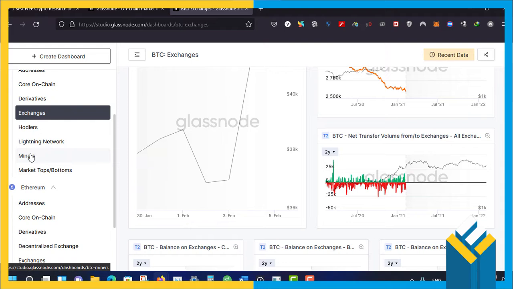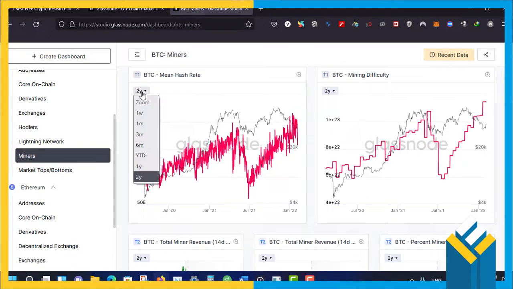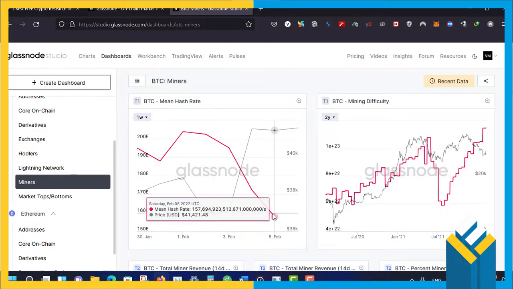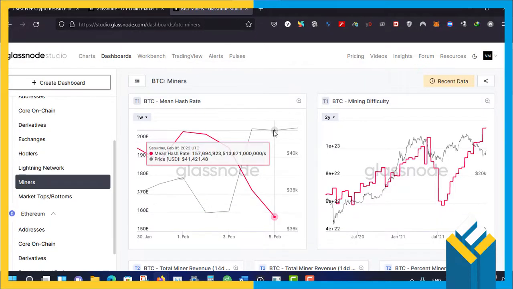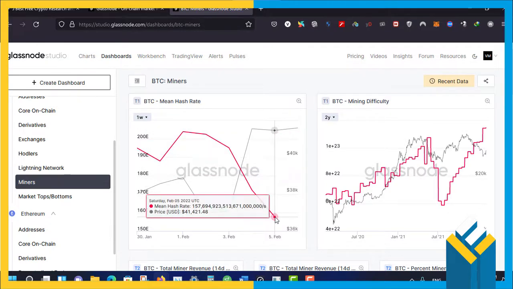You can see what's happening by the miners. As you see, the chart is coming, and mean hash rate is 157, and this is the Bitcoin price here. As you see, miners are reducing extremely fast, and this is not a good sign for Bitcoin.